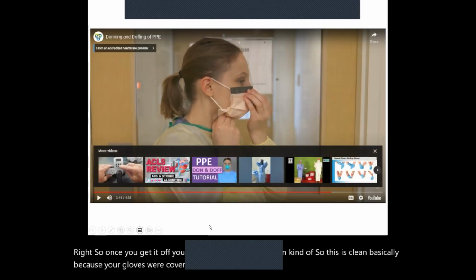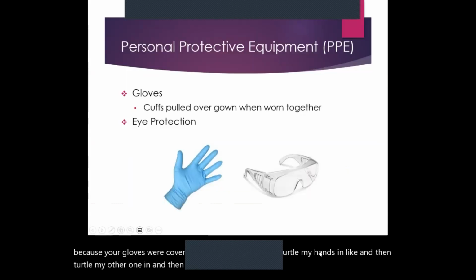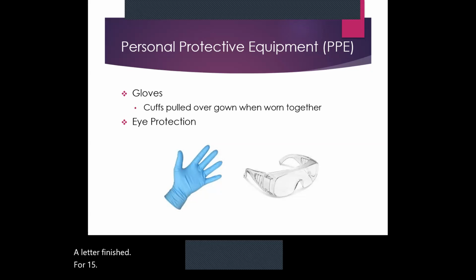So she's just going through basically the exact same process with a different type of mask, okay? All right, so gloves. As she showed in the video, you just want to make sure that the cuff of those gloves covers the gown, okay? Because it creates that little clean area when you're taking everything off, but more so, you don't have an open area where things can drip or get inside there, right?